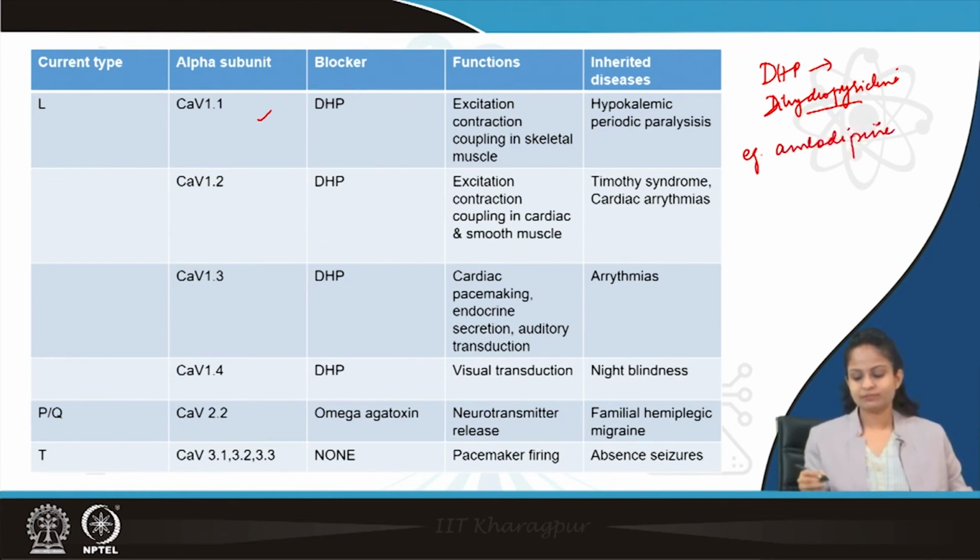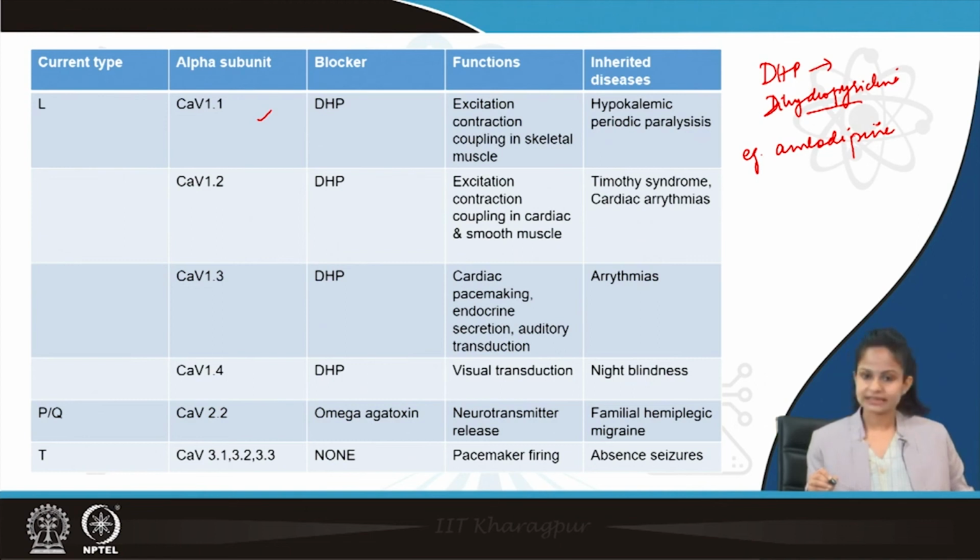Now, this amlodipine is used mainly as an anti-anginal drug or antihypertensive drug, but antiarrhythmic drug also we use L type of calcium channel blocker, but that is not a dihydropyridine blocker. So, the dihydropyridine blocker is amlodipine, which we generally use for anti-angina medications or hypertension medications.